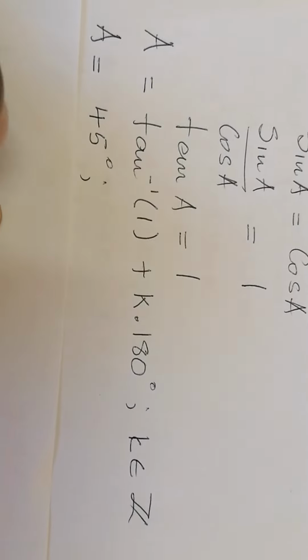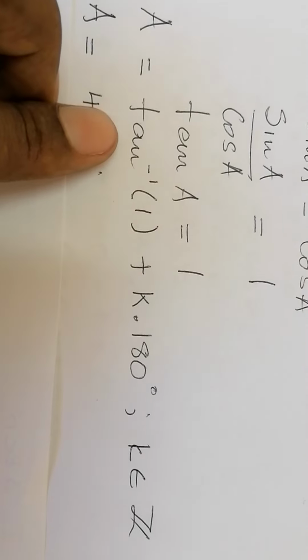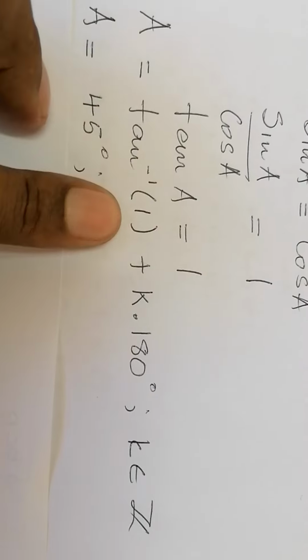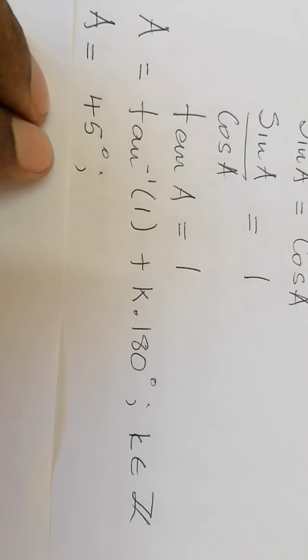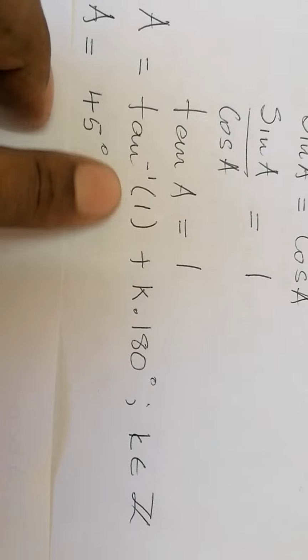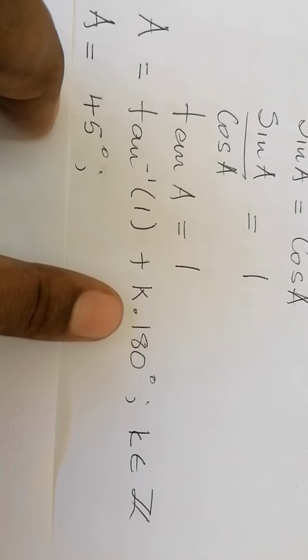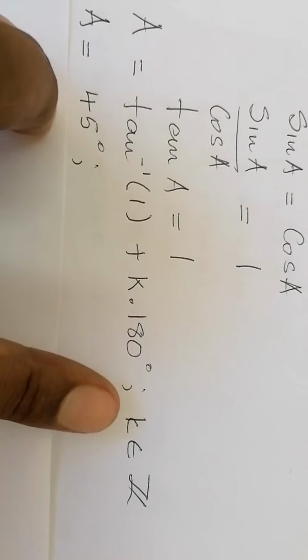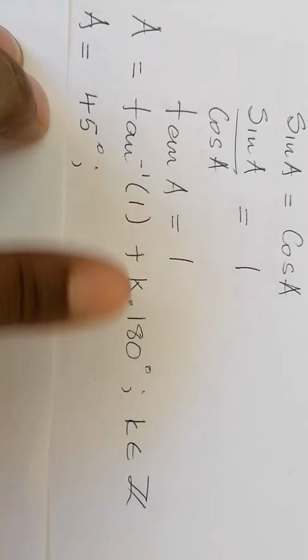Simplified, tan inverse of 1 is 45 degrees. That means here I'm going to get 45 degrees plus k multiplied by 180, where k is an element of integers.